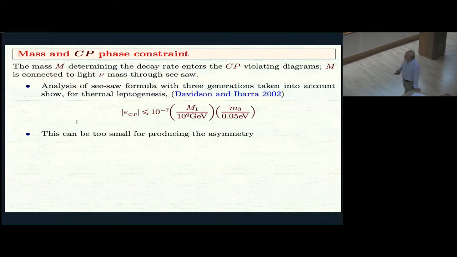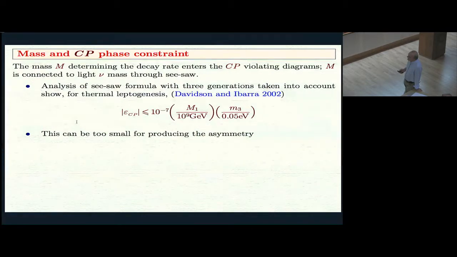Yeah. The other interesting thing was that Davidson and Ibarra estimated this very nicely. They pointed out that the mass m, which determines the decay rates of heavy neutrinos, also enters the CP violating diagrams. So CP violation is determined by the same m's, and the m is determined by the small neutrino masses through seesaw.